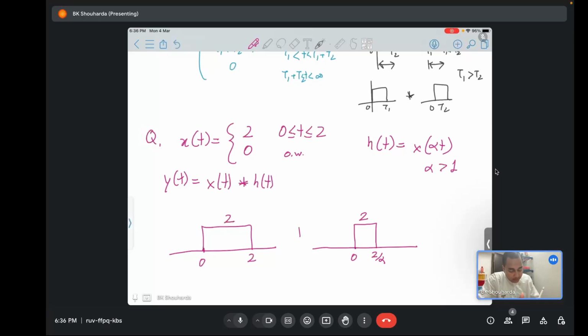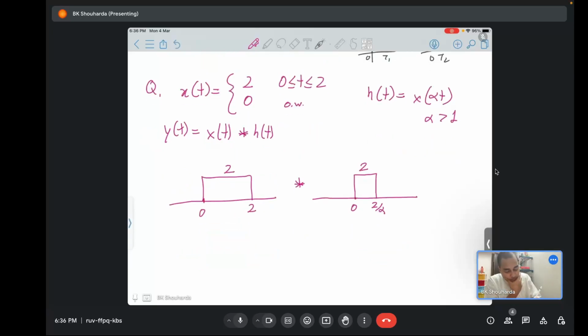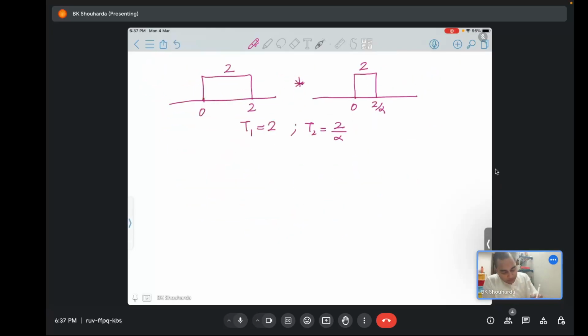So what will happen when I convolve them? At first we will ignore these 2's and just look at the shape. In this case, as you can see, t1 is 2 and t2 is 2 upon alpha. How will our trapezium look?